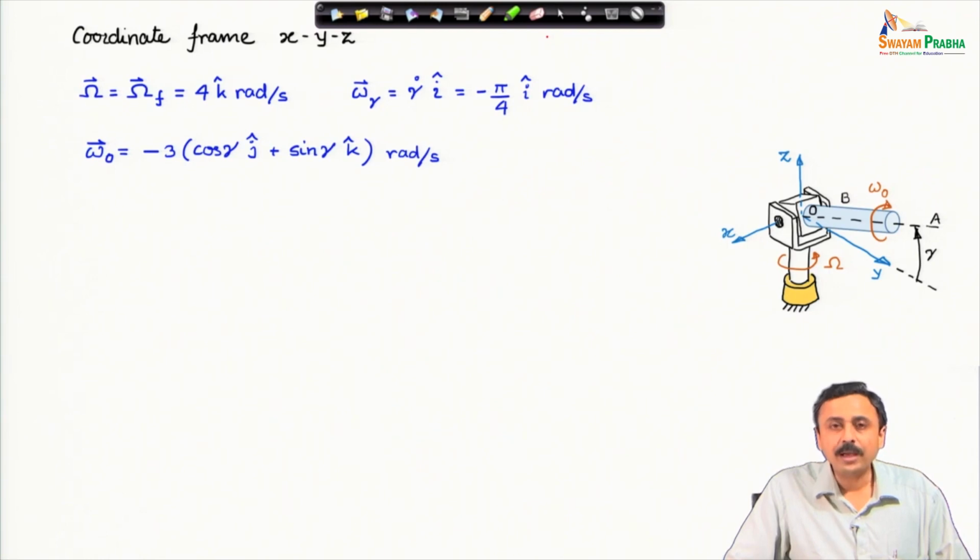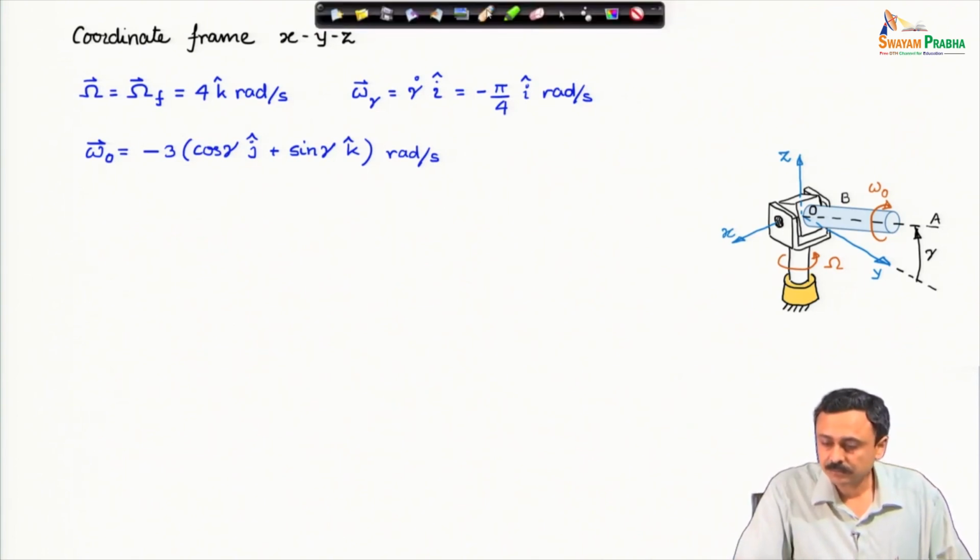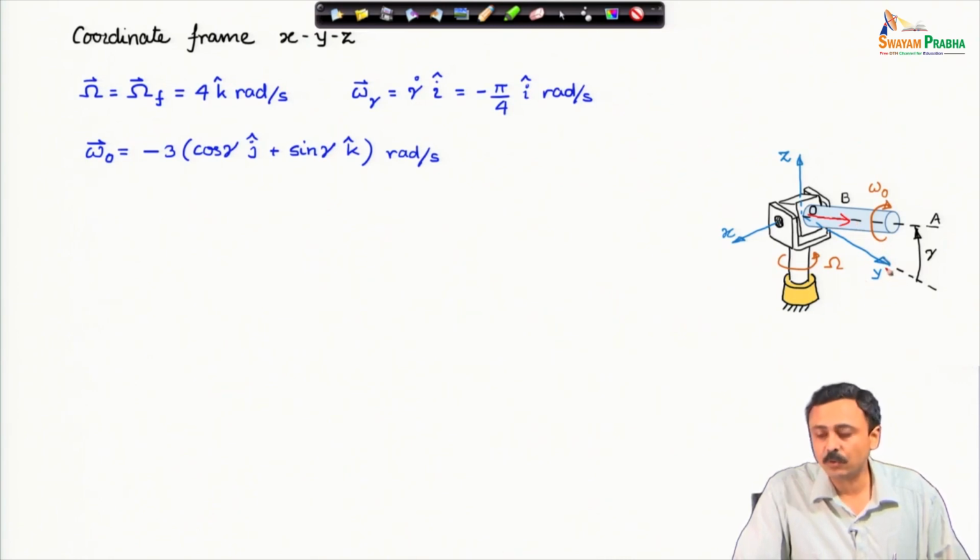Now, omega naught is the spin angular velocity vector, which is shown. The magnitude is 3 radian per second, with a negative sign, and the direction is given by the unit vector OA, which can be expressed in the x, y, z coordinate system.